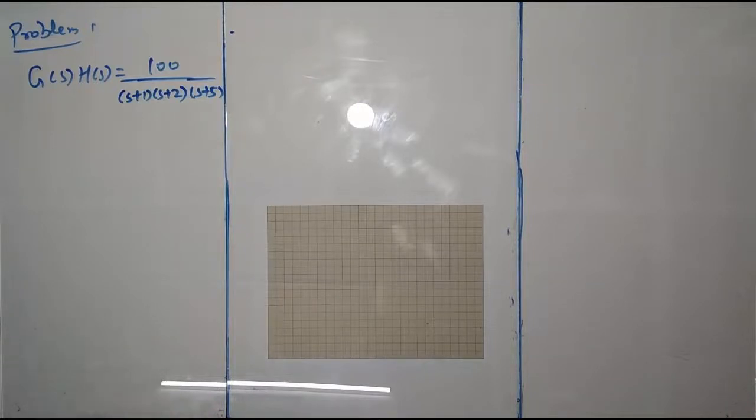It is clear that this function is a type 0 system, because we don't have any term of the type s to the power n in the denominator. So n here is 0.